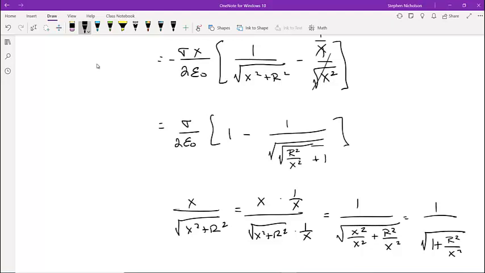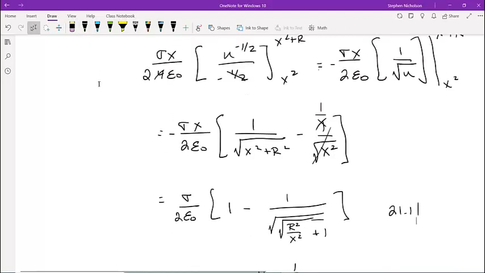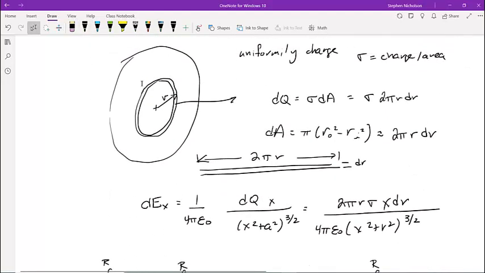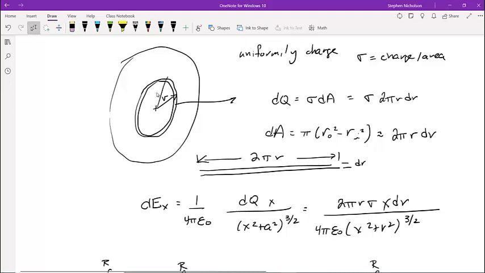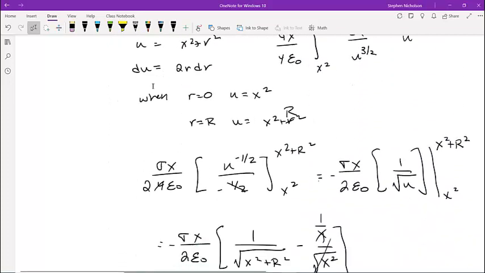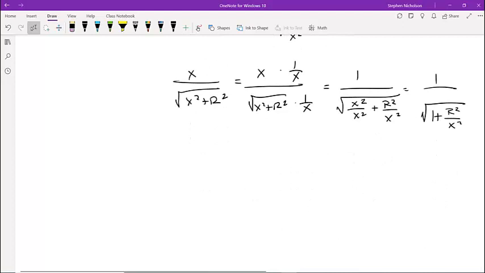Okay, and that's equation 21.11 in the book. So what that's telling us is that for a disk of radius capital R, the magnitude of the electric field along the center line is going to be equal to that number.